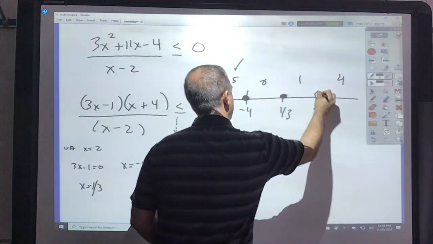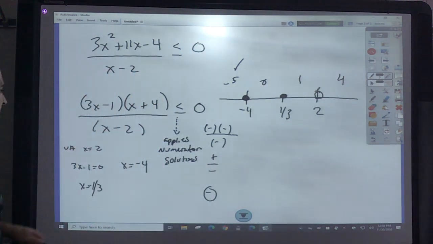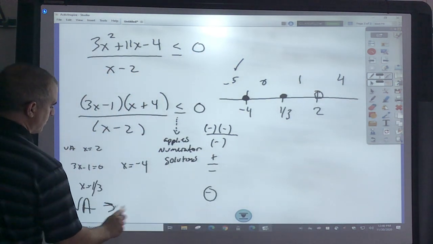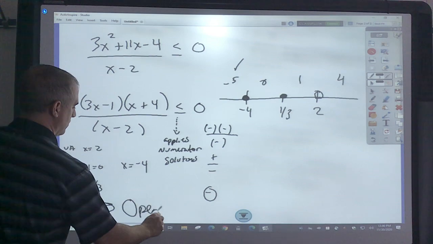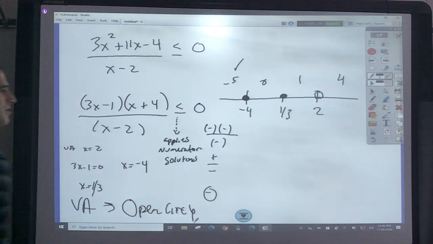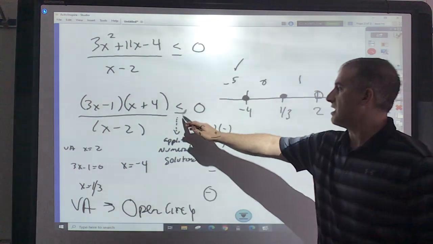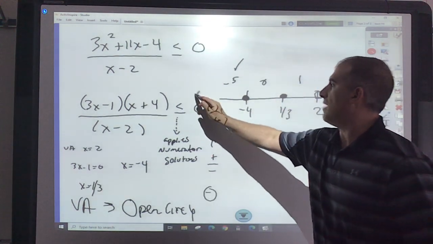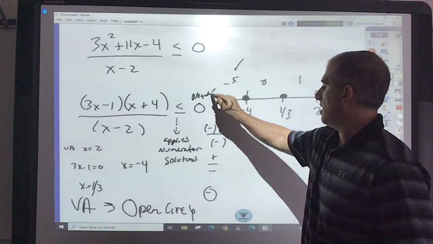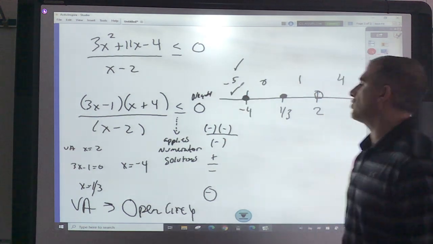This one would be an open one. Why? Because the vertical asymptote will always produce an open circle. That's something to understand. I want a thing less than or equal to 0, which means I want a negative number. So this ends up being negative, so that area is good.